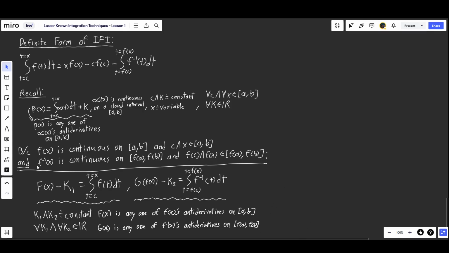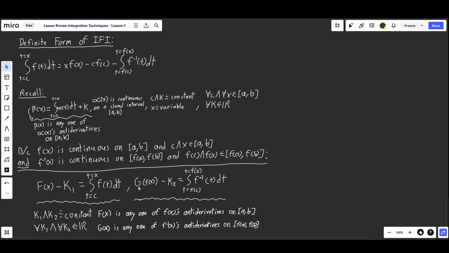Also, because the inverse of f of x is continuous on the closed interval f of a to f of b, and f of c and f of x are within that interval, we can rewrite the definite integral of the inverse of f of t from t equals f of c to t equals f of x as any one of the antiderivatives of the inverse of f of x on f of a to f of b, which I'll denote as g of x, evaluated at f of x, minus a real constant, which I'll call k2.